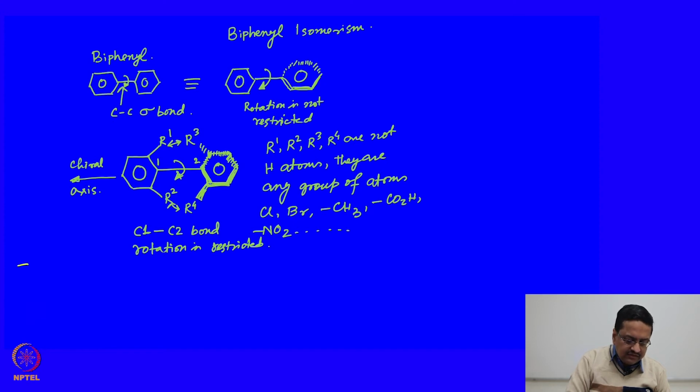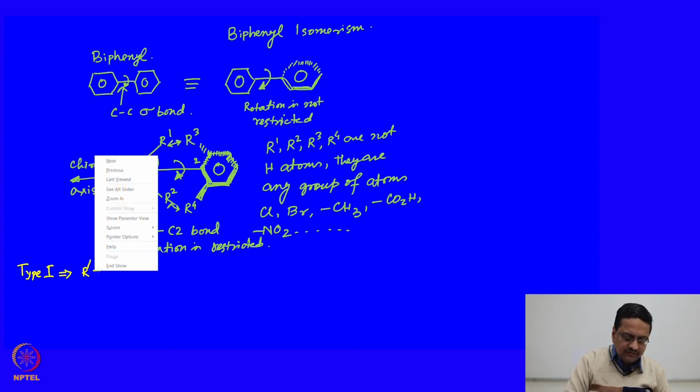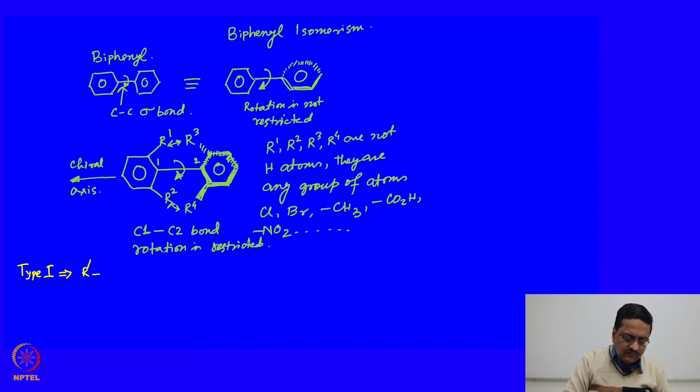Let us designate them as type 1, where R1 is equal to R2 and R3 is equal to R4. In that case, the compound is optically inactive.